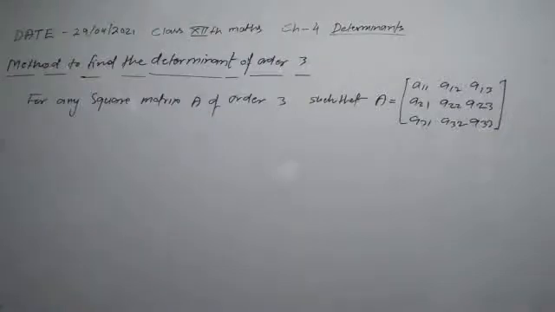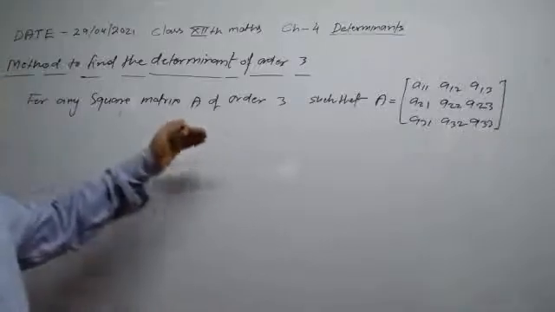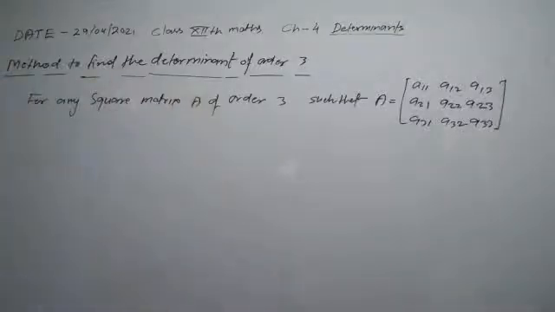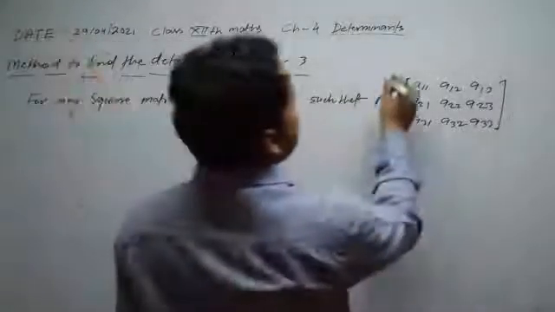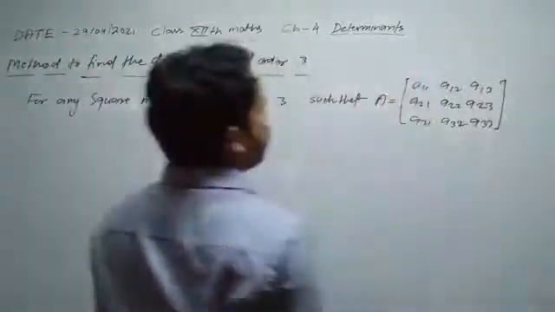So I will explain the matrix using row, means R1, using row 1. Row 1 means R1.